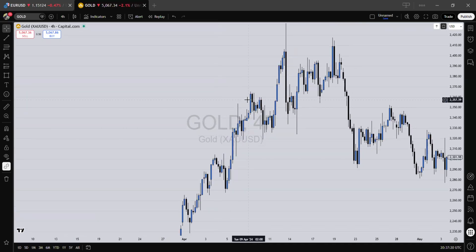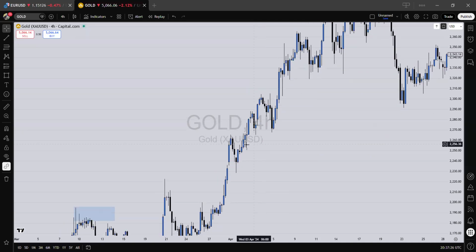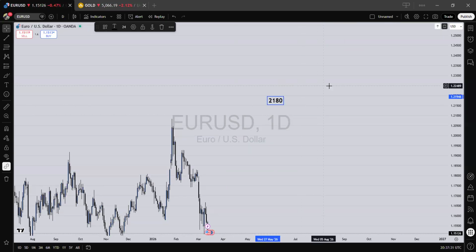Here, price got to 2360 and started consolidating. Here, price got to 2260. So let's just say 2250 to 60 zone. Okay. 2350 to 60 zone. All right.